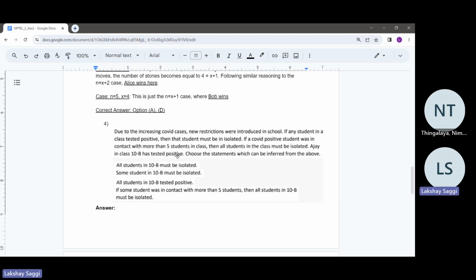So Ajay must be isolated. But we don't know if Ajay came in contact with others or not, so we can't say anything about anyone else. We can just make a statement about Ajay. So who is this some student in 10th B? That some student is Ajay.